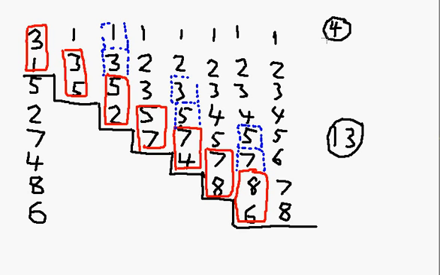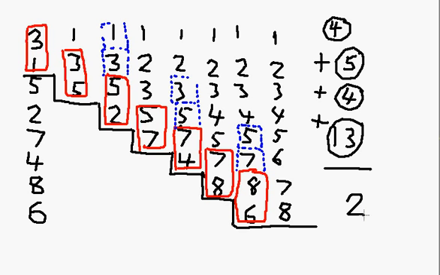Okay, then how many did we make? We made 5 comparisons with the first shuttle sort that we looked at. Then we made another 4 comparisons with the second shuttle sort, and with the final shuttle sort we made 13. So 4, 9, 13, 26 comparisons in total were required.